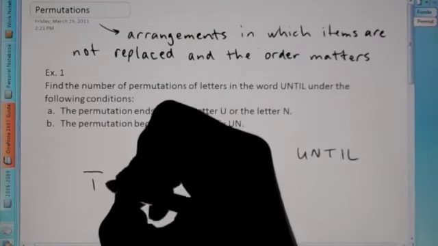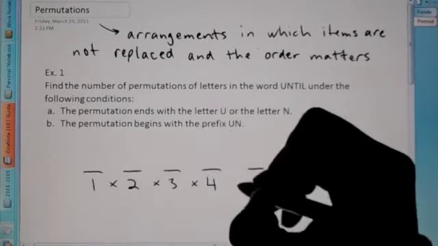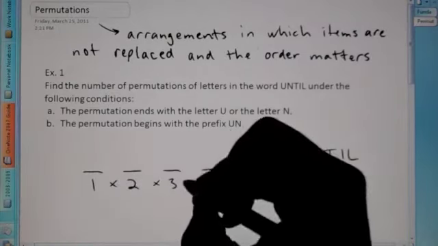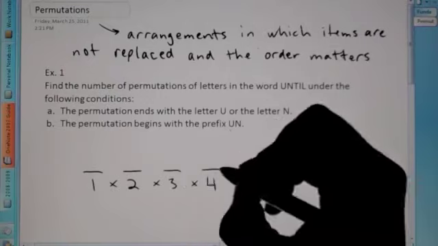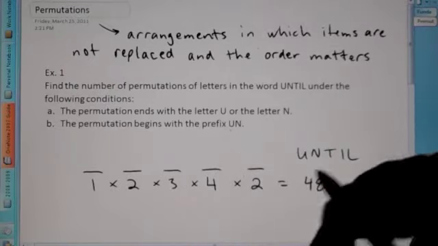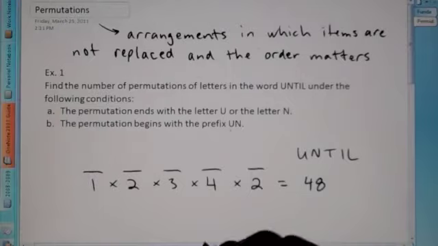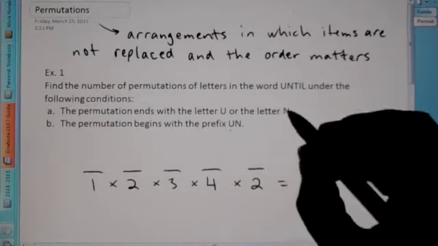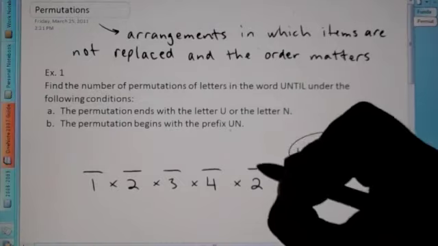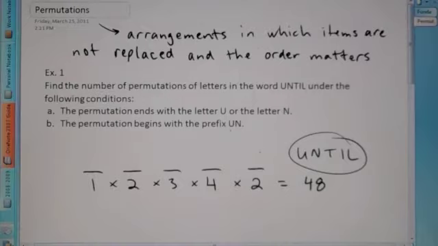So we multiply these values together: 1 times 2 times 3 is 6, times 4 is 24, times 2 is 48. So there's 48 permutations in which you're using these letters and the last letter is a U or an N.